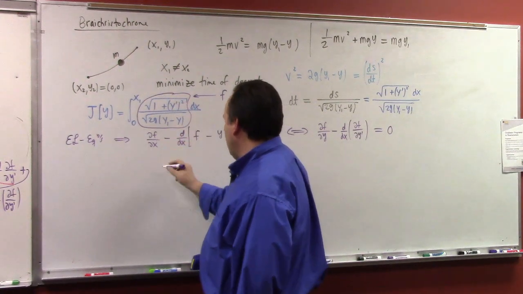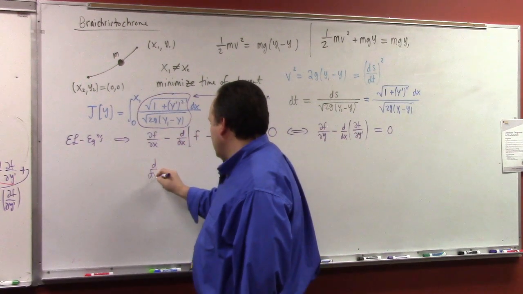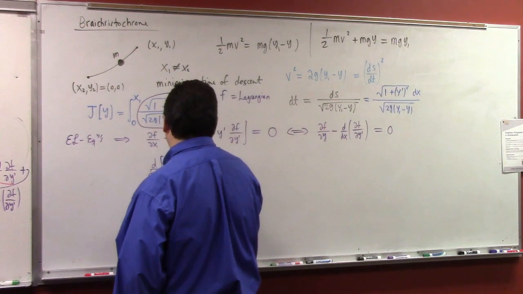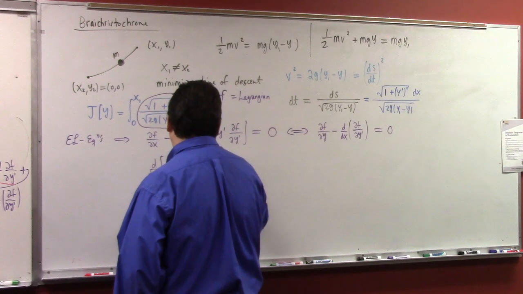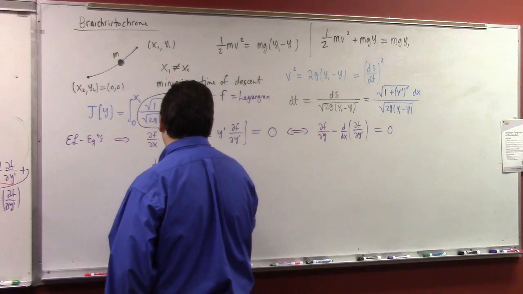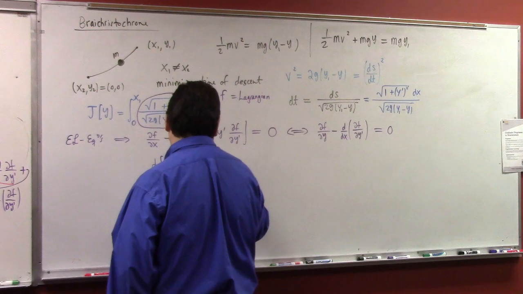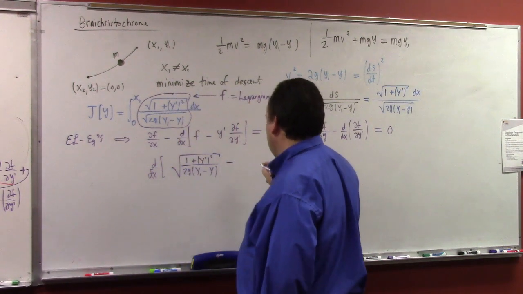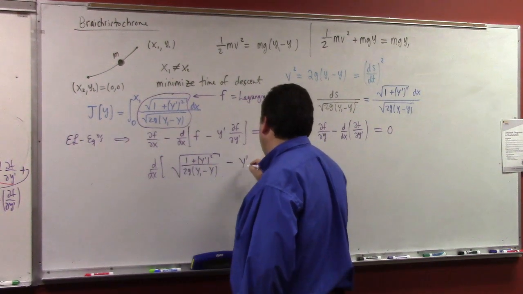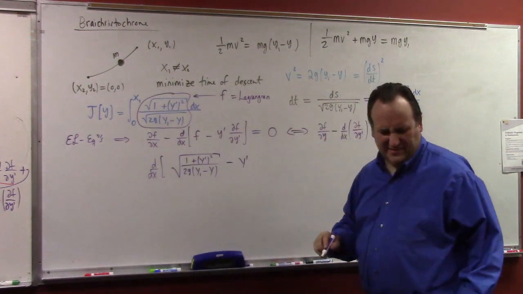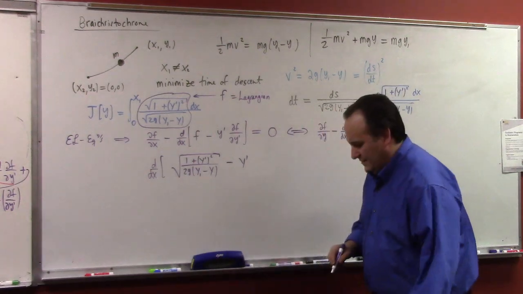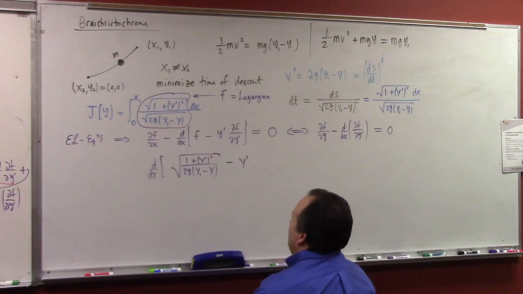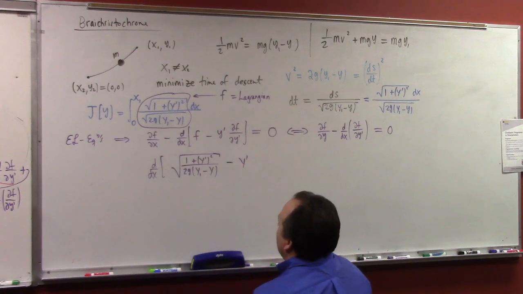Anyway, this is 0. That's f. So what we have is d dx of this thing. I'm just going to write it as a single square root. That monstrosity, minus y prime. Can you tell me how to differentiate that with respect to y prime?